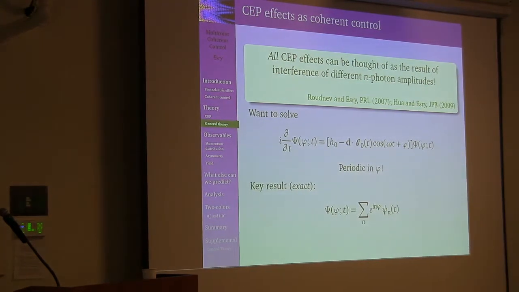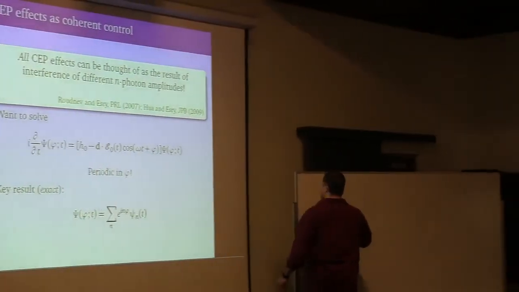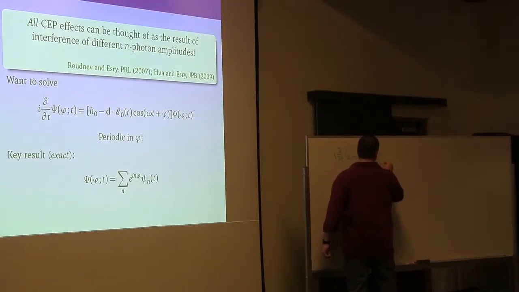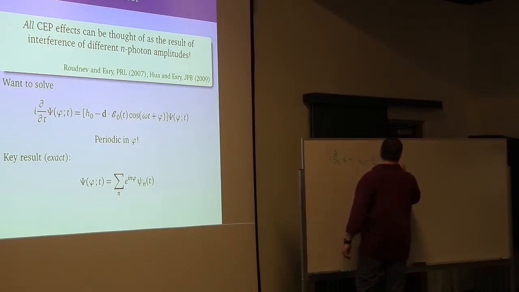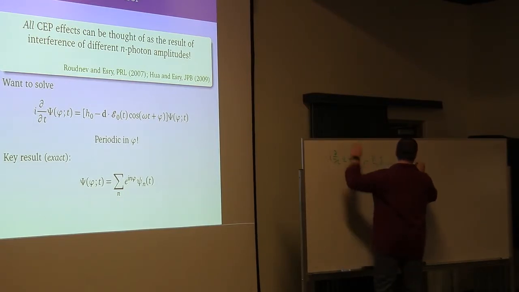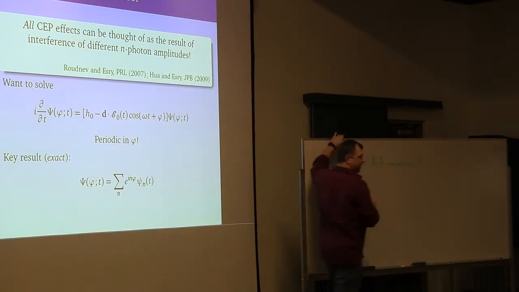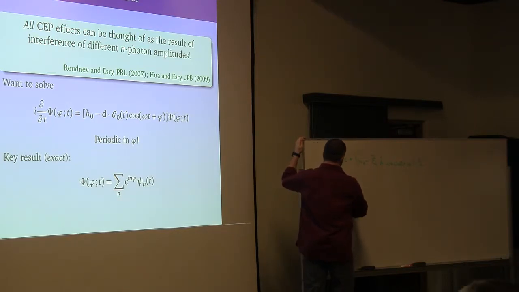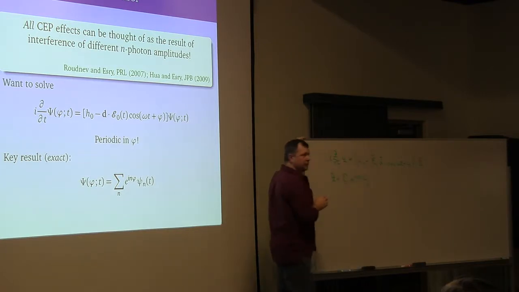So we're starting from i d/dt psi, trying to match the notation, equals (H0 minus E0 dot d cosine(omega t plus phi)) psi. Okay? Now we say psi is this Fourier series. Okay? And all we have to do is substitute this into there.